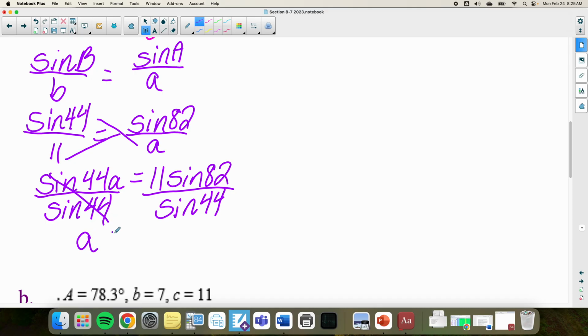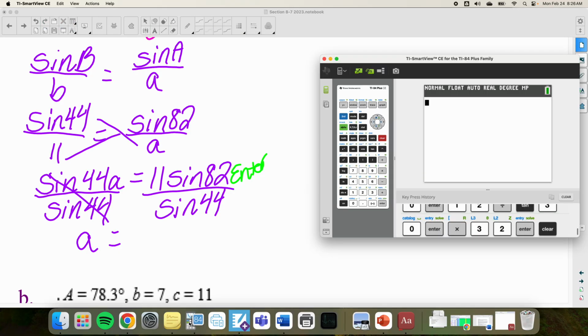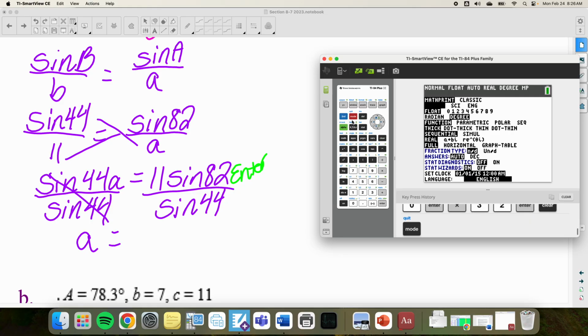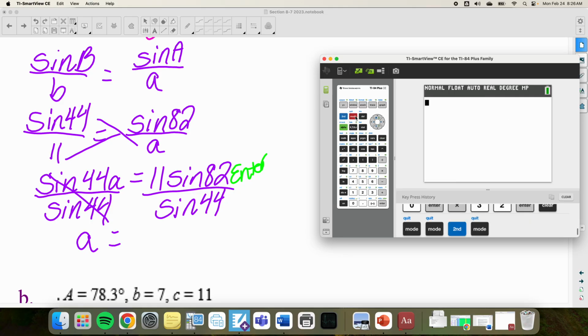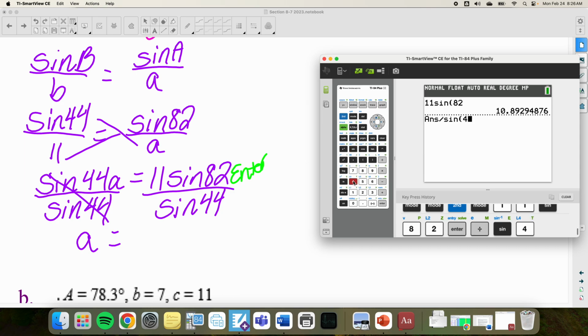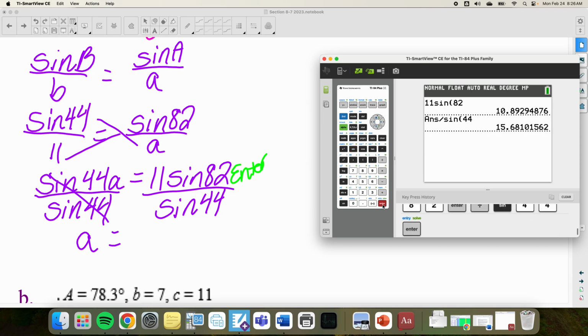And then I get a equals, and remember when you punch this in, you're going to hit enter before you divide by sine of 44, okay? So what I'm going to do is 11 sine 82 enter divided by sine of 44, and that is 15.68.